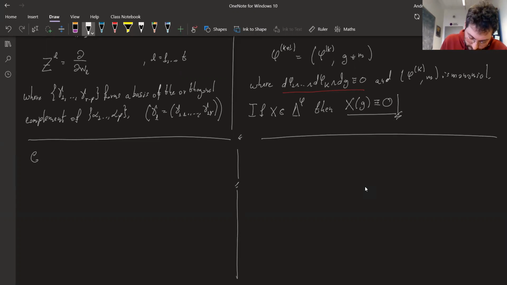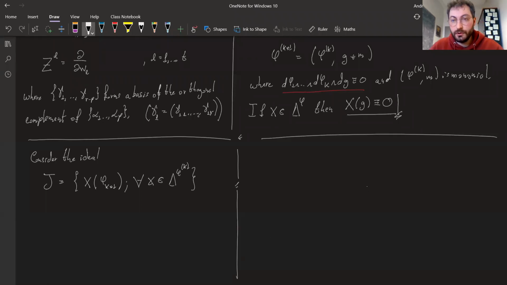Consider the ideal J, which is given by the derivations of phi k plus 1, for all the derivations here. We consider this J here.